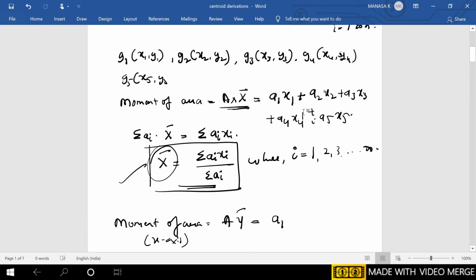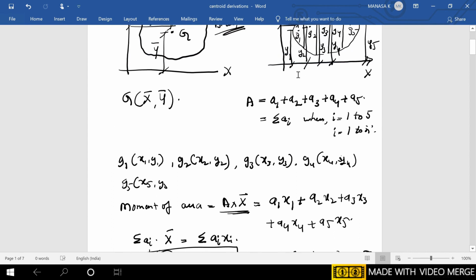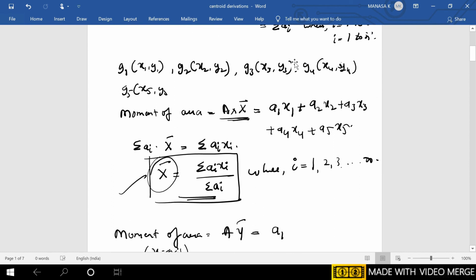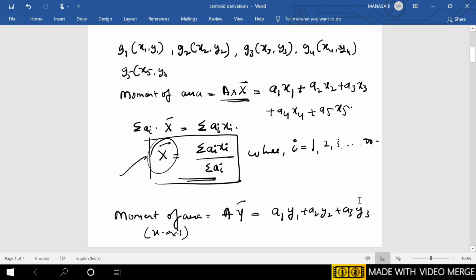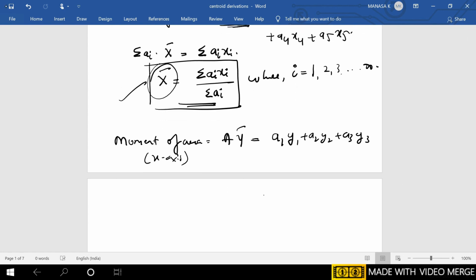Referring to the x-axis means the perpendicular distance for area A1 is y1. So it will be A1 y1, A2 y2, A3 y3, A4 y4, A5 y5.